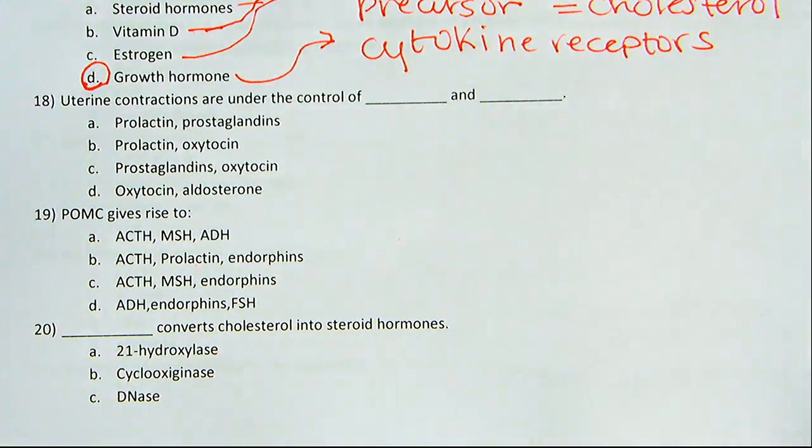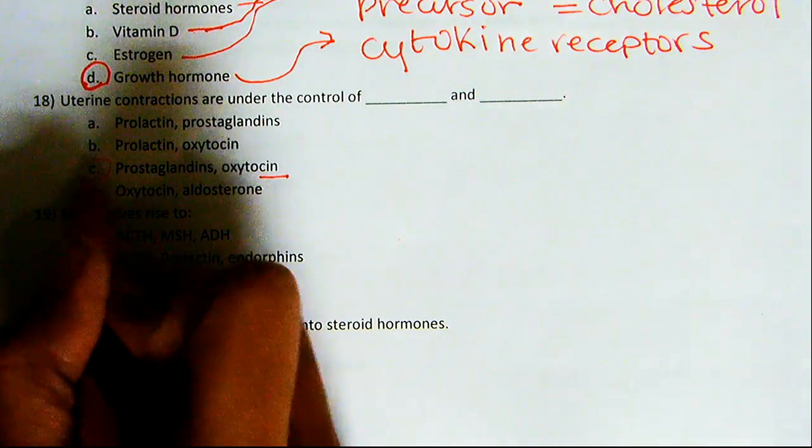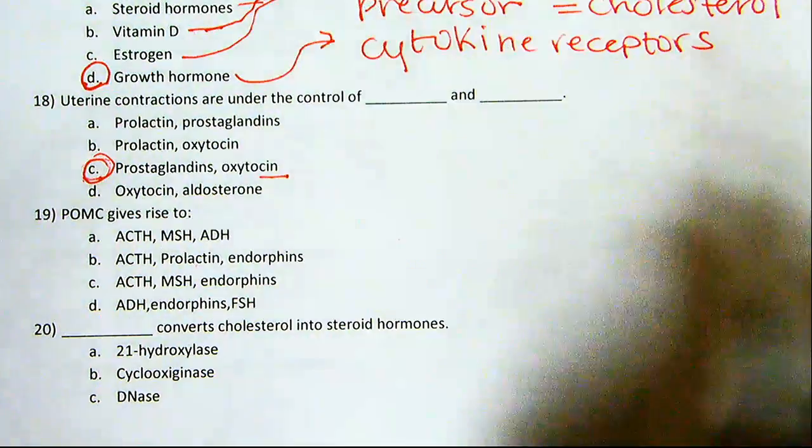Number 18. Uterine contractions are under the control of blank and blank. What are they under the control of? Yes, oxytocin is one of them, and then prostaglandins will also be one.